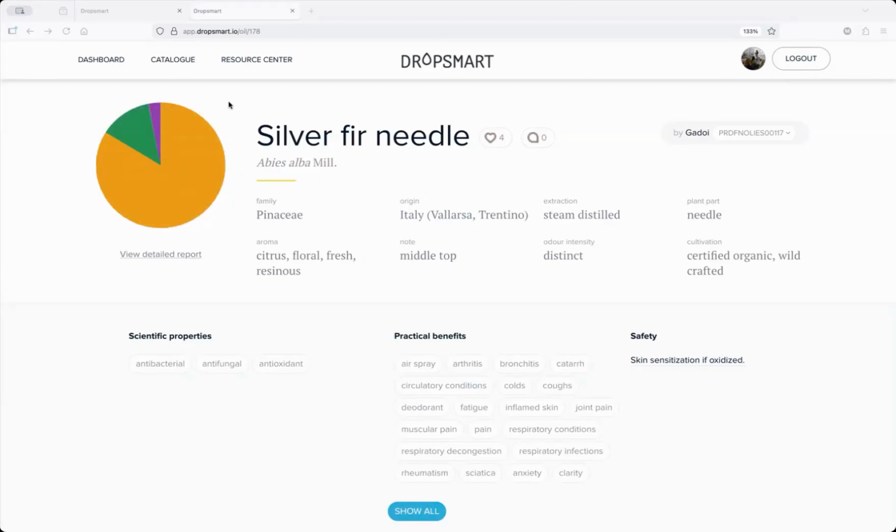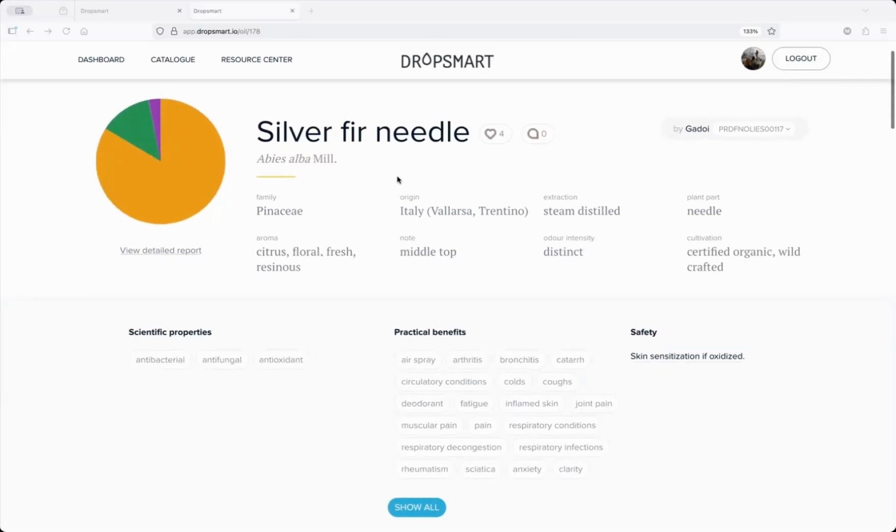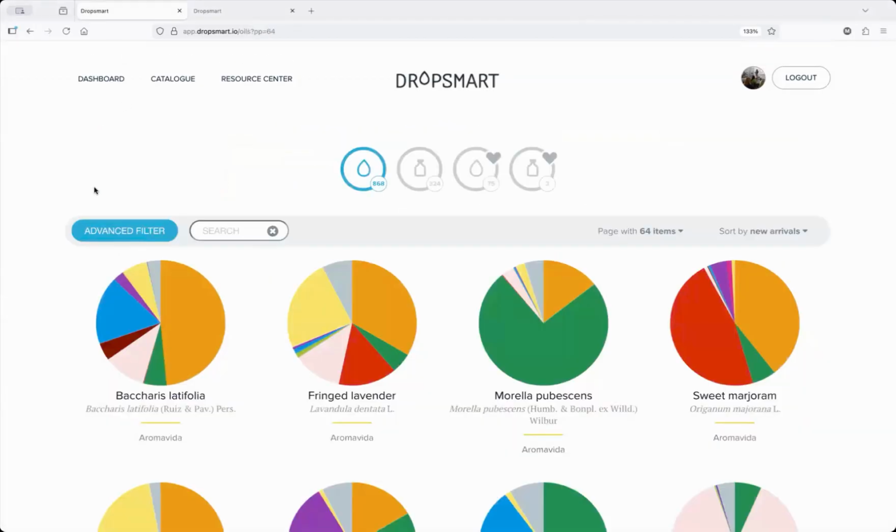But understanding the entire architecture is going to help you blend better, not just better, but accurately and professionally, because you will know what's really going on. Now, I also wanted to show you this oil because we know so much about a few of these oils that are distilled from the needles, but we have a lot of them, and that's what I wanted to show you here with Dropsmart.